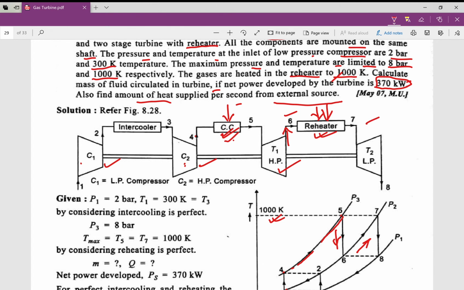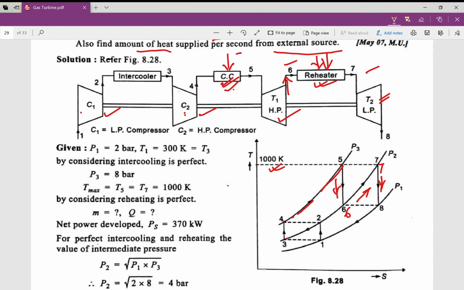Okay, this point is your 6, this is your 7. So heated now. Again after reheating, expansion takes place in the low pressure turbine, that is isentropic expansion in process 7 to 8. And after producing power in the low pressure turbine, that exhaust gas goes out to atmosphere. So this is the clarification of this layout and TS diagram.